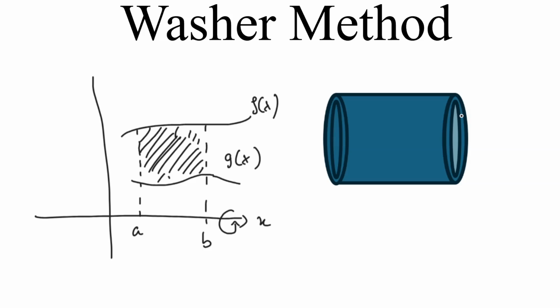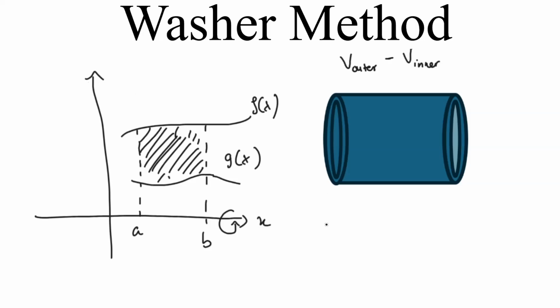So if you want to find the volume of this solid, you first have to find the volume of the outer cylinder, and you subtract the volume of the inner cylinder. It's exactly the same as the cylinder, but with curves.